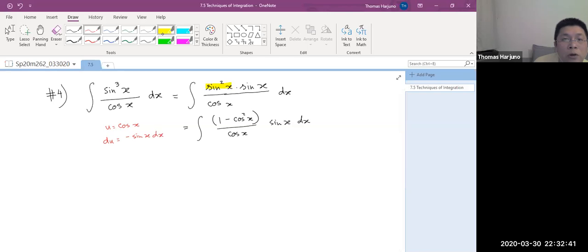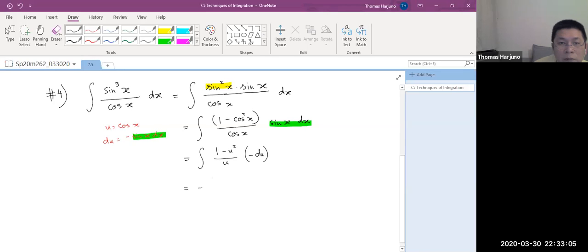So later on, I will substitute sine x dx here by negative du. So this is equal to the integral of 1 minus u squared over u times negative du.